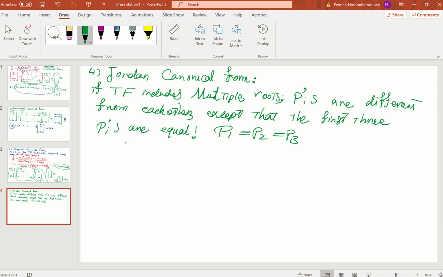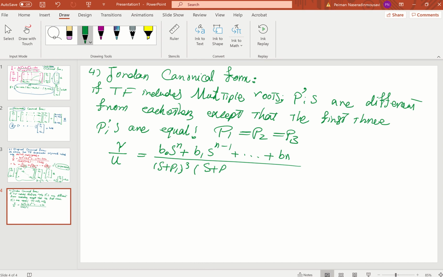Now you can write your transfer function as before, b naught s to the n plus b1 s to the n minus 1 and so on up to bn, divided by (s plus p1) cubed, because they are repeated poles, times (s plus p4) up to (s plus pn).